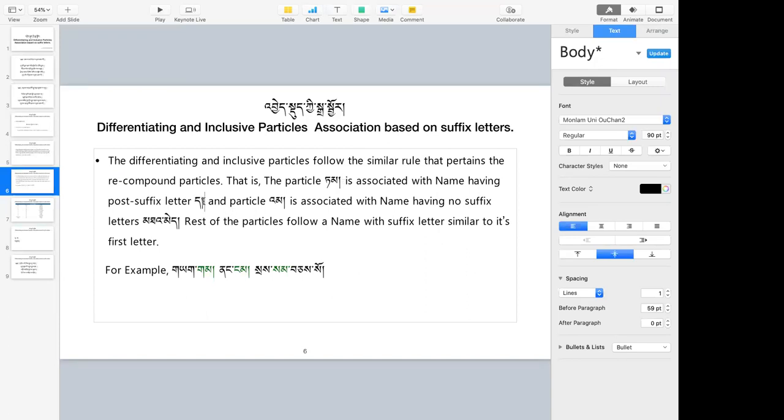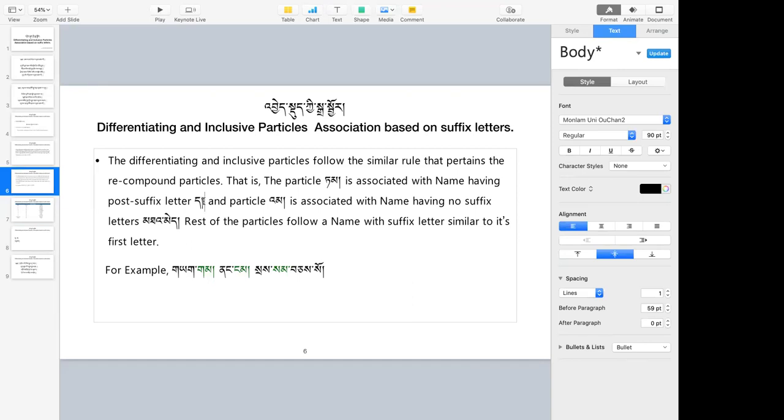It could be any name which has ta as a post-suffix letter. It cannot be the suffix letter. It has to be the post-suffix letter. So if a name has the post-suffix letter ta, then it is associated with the particle tam.